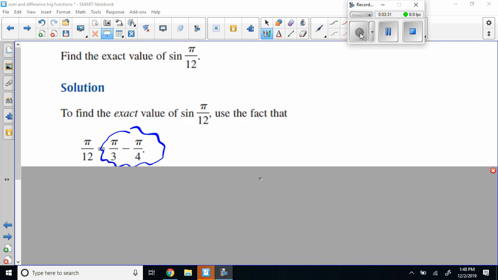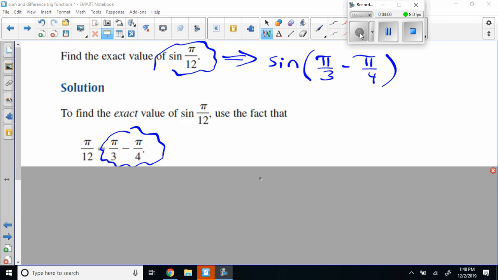Pi over 12 is really pi over 3 minus pi over 4. If you think about that and find common denominators, which would be 12, you'd have 4 twelfths minus 3 twelfths, right? That would leave you with pi over 12, correct? So all of this now becomes sine of pi over 3 minus pi over 4.